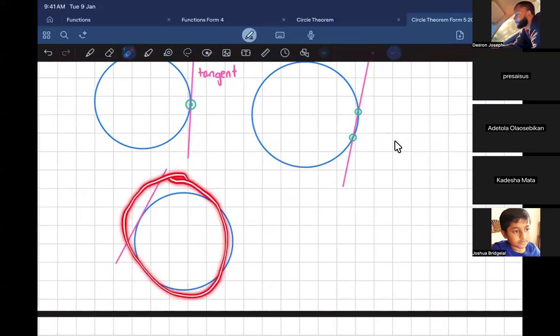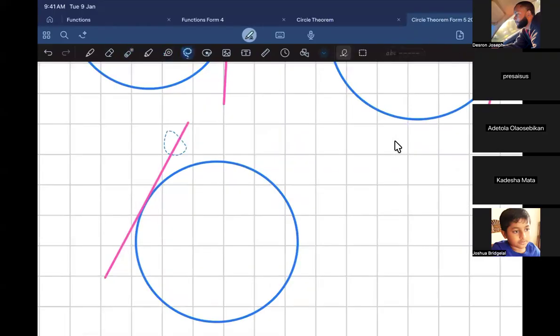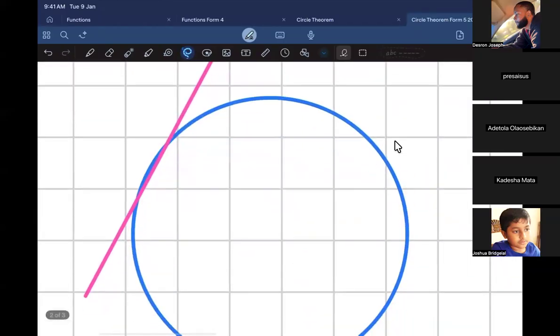So Perseus, would this be a tangent? Yes, sir. What if I did that? Is it a tangent now? No, sir. How about now? Do you think that's a tangent? I don't really think so. So Perseus, let's look at what a tangent means. A tangent means a line touching the circle once. How many times is this line touching the circle?